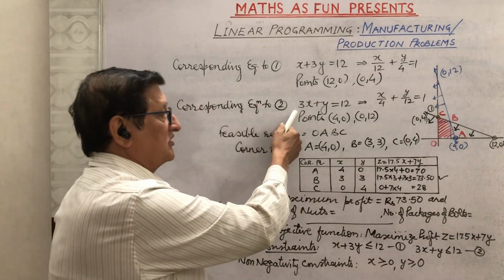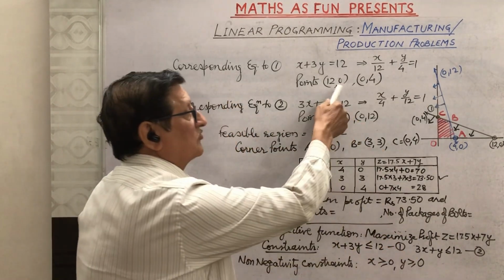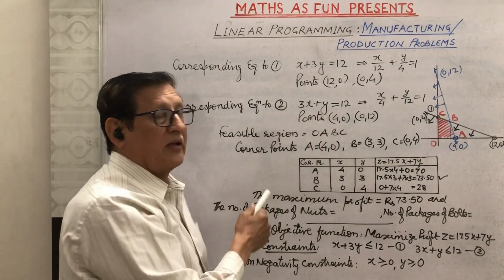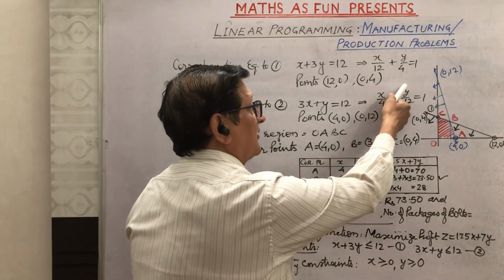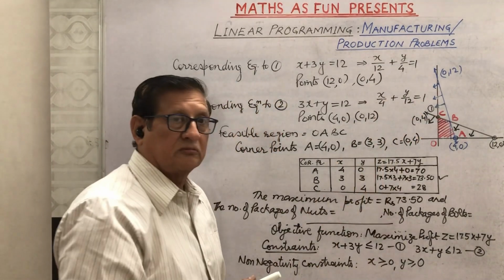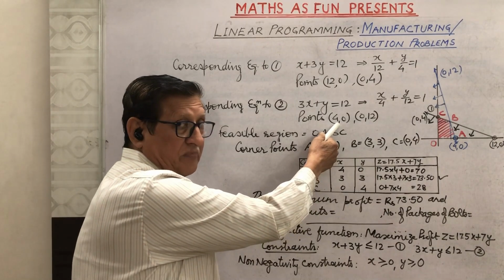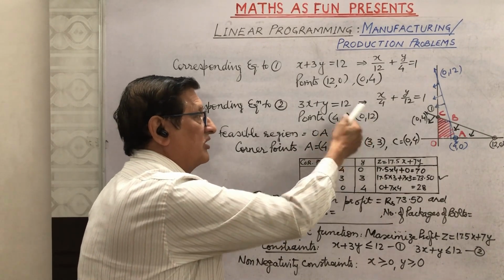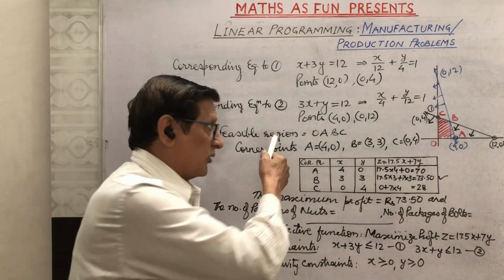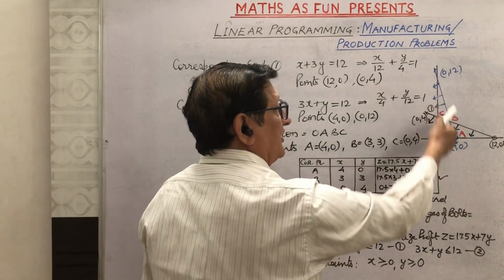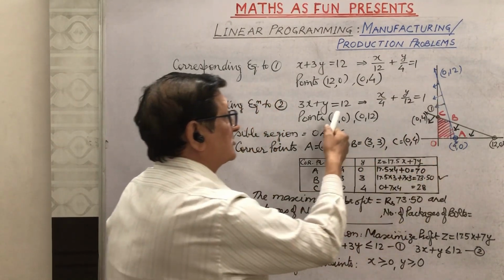The corresponding equation to 2 is 3x plus y equal to 12. To convert into intercept form, we divide by 12 and get x upon 4 plus y upon 12 equal to 1. The points of intersection on the x-axis and y-axis are (4, 0) and (0, 12) respectively. We plot the points (4, 0) on the x-axis and (0, 12) on the y-axis and join them.